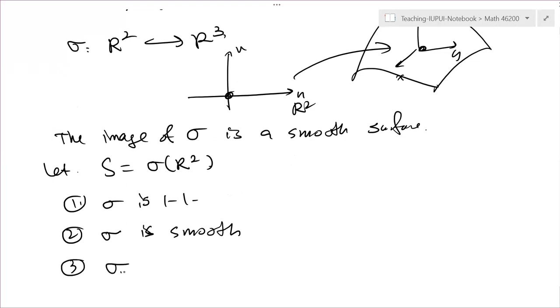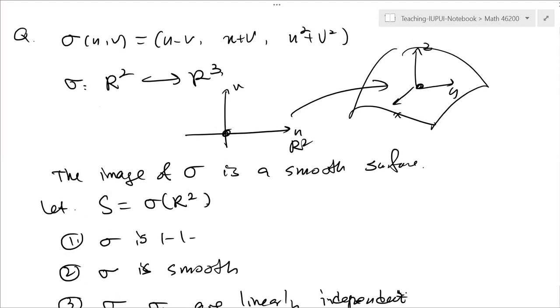Third, sigma u and sigma v are linearly independent. There are no other regular surface patches given, so one single map can define the surface. Topologically, it's still trivial. It's R2, not like a sphere or torus.